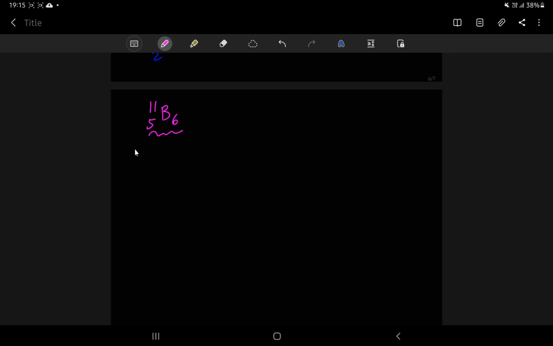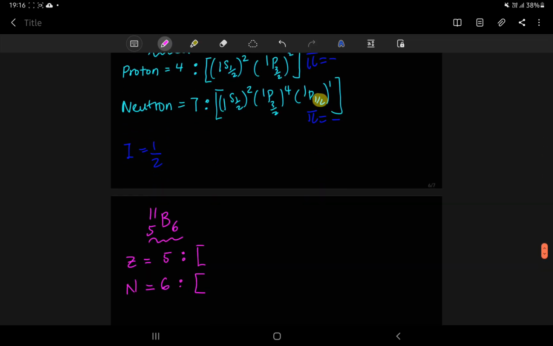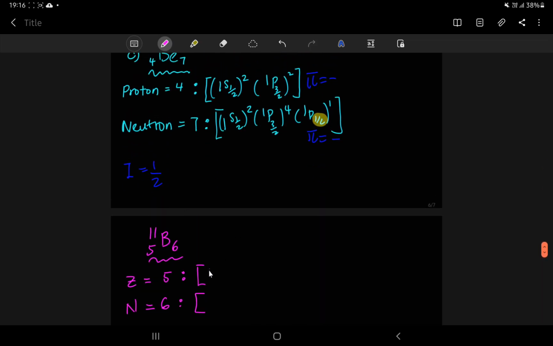Let me copy down: the proton number Z is 5, neutron is 6. So using the shell model, for 5 it's 1S 1/2 with 2, 1P 3/2 with 3, so 3 plus 2 is 5.